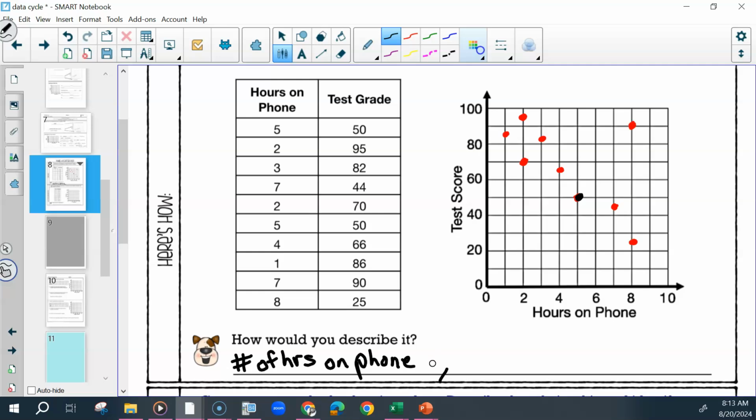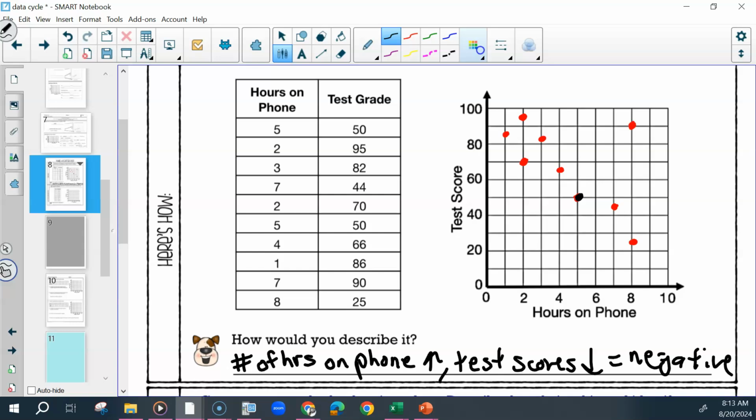Oops, I meant up. So that would be a negative relationship. Usually when one thing goes up and the other goes down, that's a negative relationship.